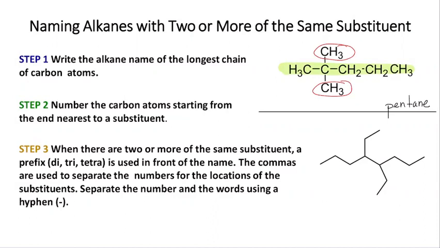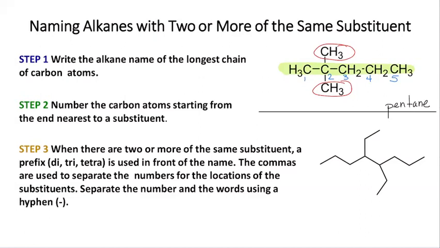Now, I'm going to number, look at step 2, number the carbons starting from the end that is nearest a substituent. Who is going to get the numbers? The parent chain, okay? So this parent chain, I'm going to do 1, 2, 3, 4, 5 carbon atoms, right? That's why we know we have a pentane.